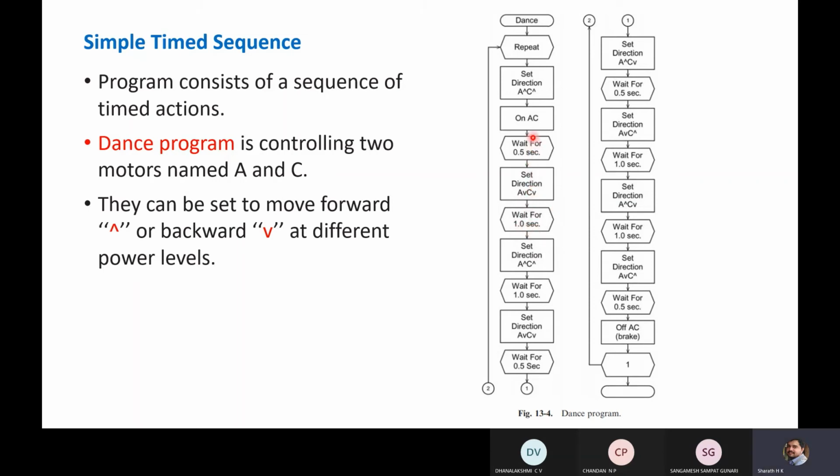After moving forward for 0.5 seconds, you are giving an instruction that the robot should move backward, that is reverse direction, for 1 second. Now in the next instruction you are changing the direction from backward to forward. Set direction forward and wait for 1 second means the robot will move forward for 1 second. Next, again you are changing the direction, so it will move backward for 0.5 seconds.